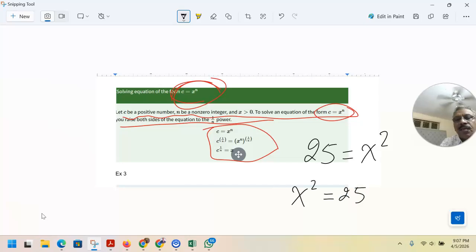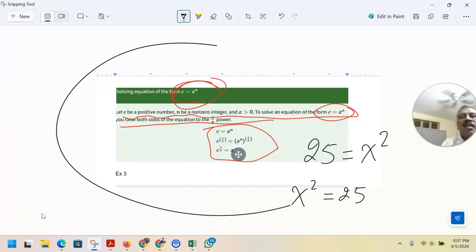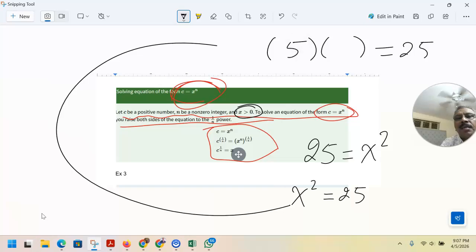Now what we want to know is what x is. We can easily see what multiplies itself to give 25, and clearly we know the answer. But the only thing is x has to be positive. So the number that multiplies itself to give 25 is 5 times 5 is 25. So we say x equals 5.